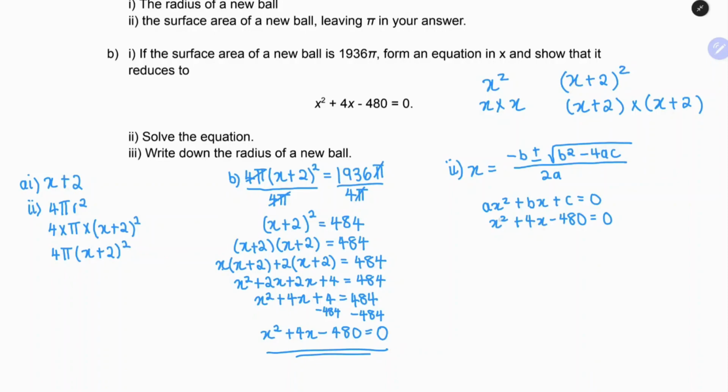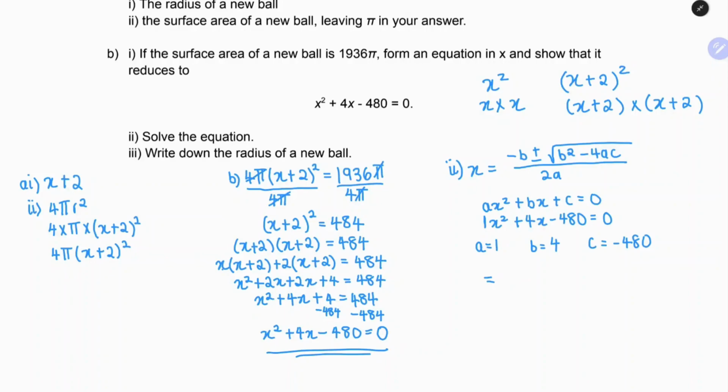Remember that x squared is basically the same as 1x squared, because 1 times x squared is still x squared. So in this manner, we already know that a will be 1, b will be 4, and c will be negative 480.